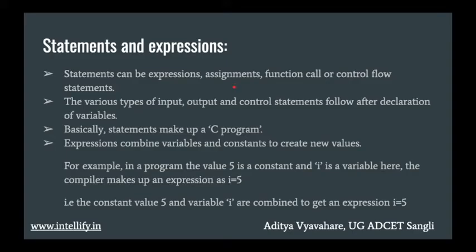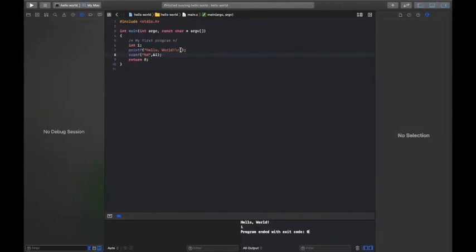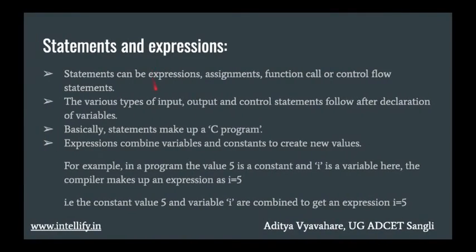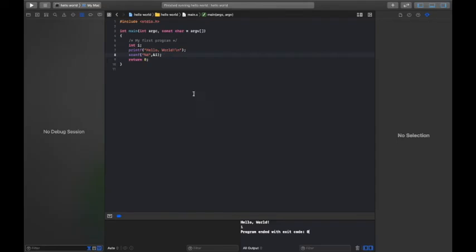Statements and expressions. Statements can be expressions, assignments, function calls, or control flow statements. Anything the program does is due to statements. Here, printf hello world and scanf are both statements. There are various types of input, output, and control statements which follow after the declaration of variables. After declaring the variable, we have listed all the statements here. Now here there are two statements.